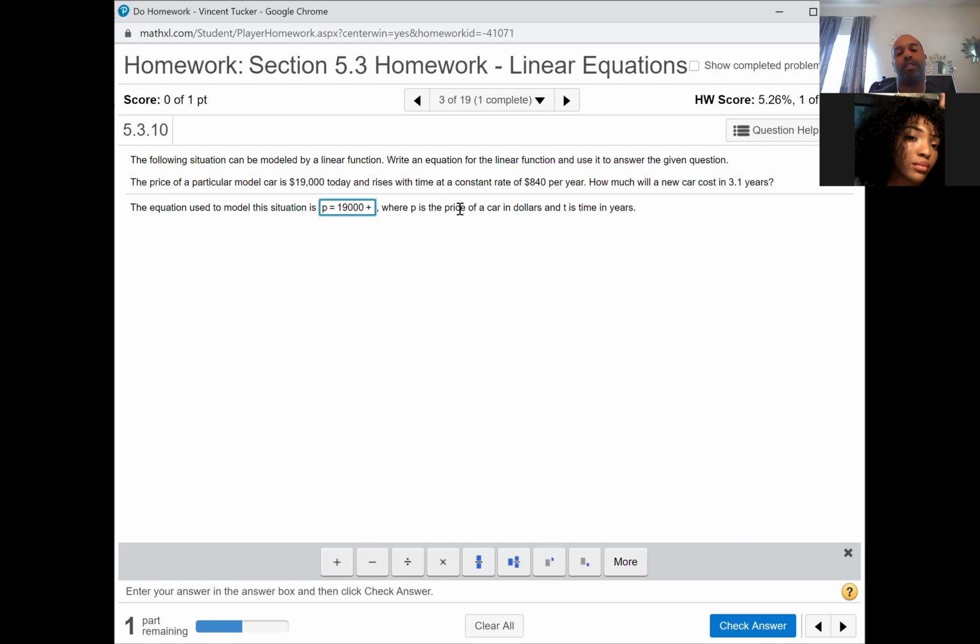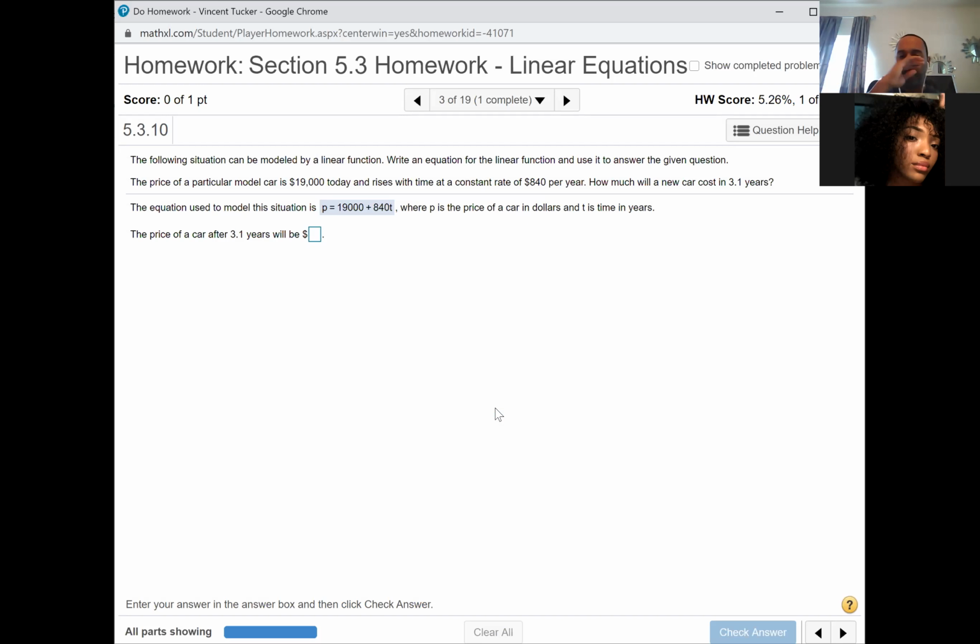So make sure you pay attention to the details and the words that they give you. Once again, this car is going to appreciate, it's going to rise in cost. So that's 19,000 plus $840 per year, and they tell us that T is our years. All right, questions on the setup?